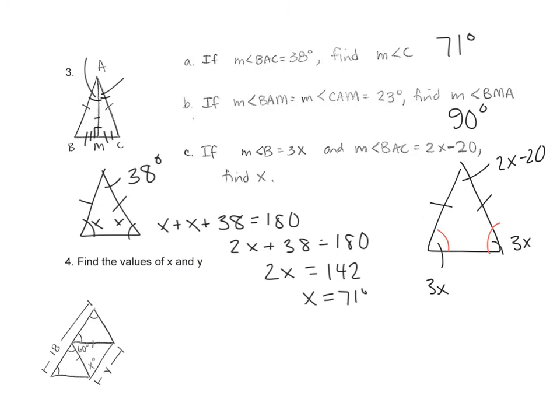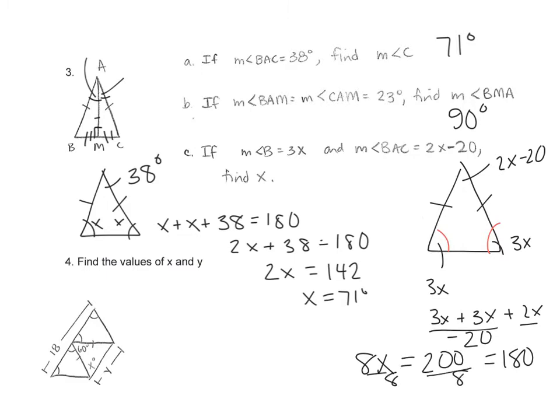So I'm going to set up that 3x plus 3x plus 2x minus 20 equals 180. So 6x plus 2x is 8x equals, add 20 to both sides, 200. Divide both sides by 8. x equals 25.